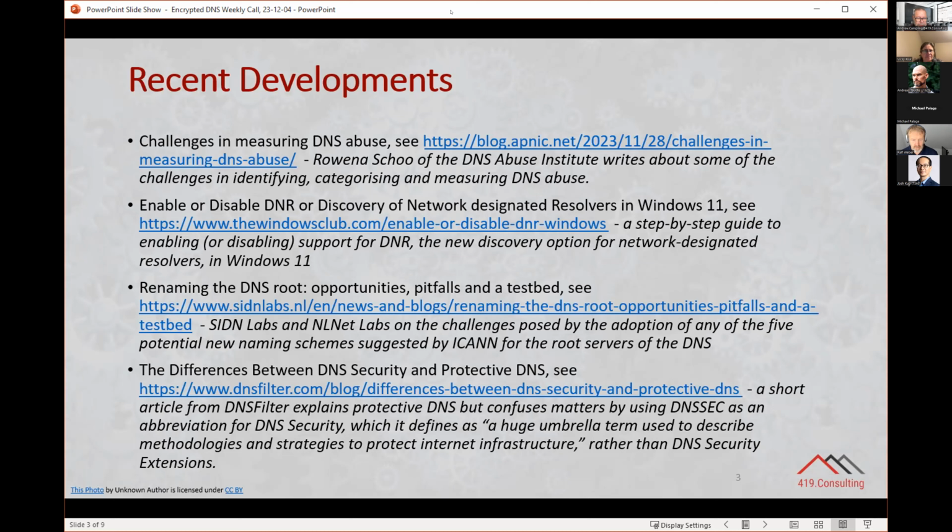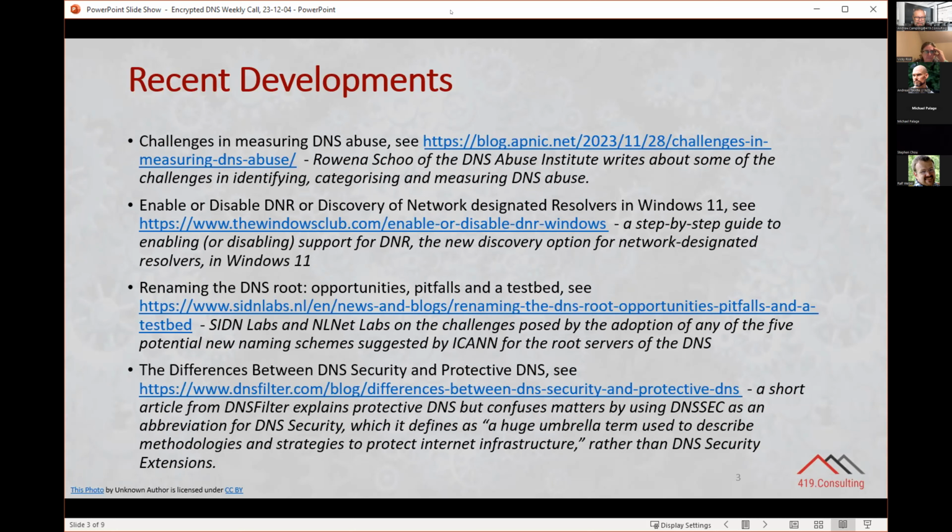Actually, the other one I mentioned at the bottom of the page, just because I was a bit surprised, there's a blog post from DNSFilter, explaining the differences between DNS security and protective DNS, but they decided to use the acronym DNSSEC to stand for DNS security, which was a bit confusing because they definitely didn't mean DNSSEC by any normal definition.